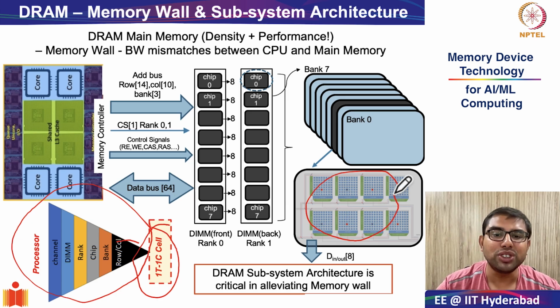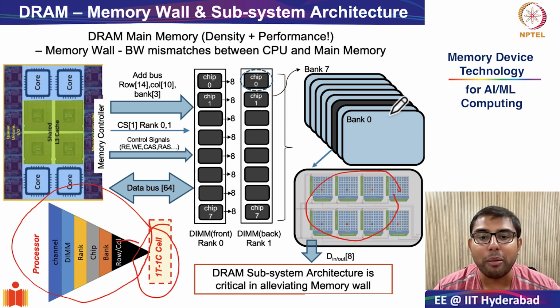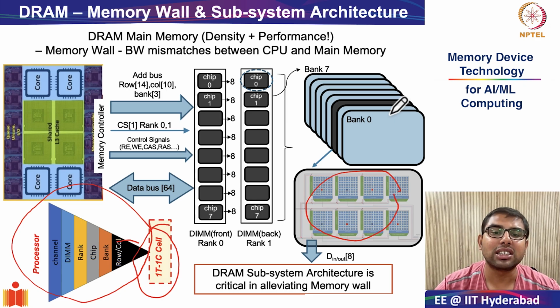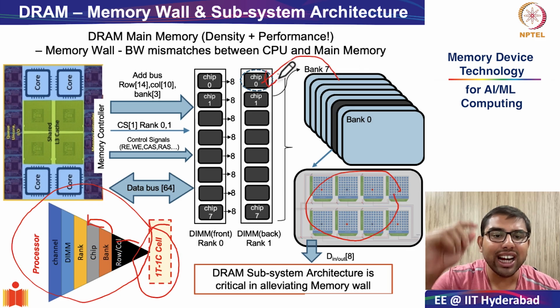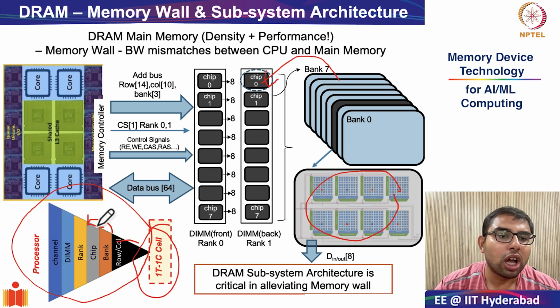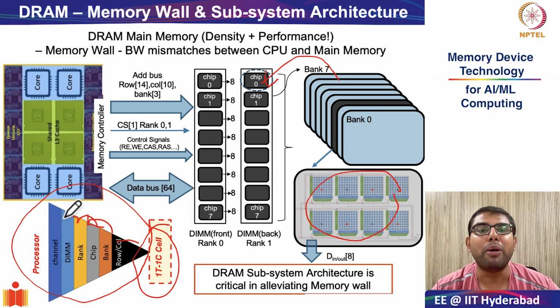These rows and columns were then integrated in the form of banks. As you remember, generally a bank has 8 such arrays of rows and columns, which then get integrated into a single chip. Generally 8 banks go inside a chip, and 8 such chips form one rank of a dual inline memory module.